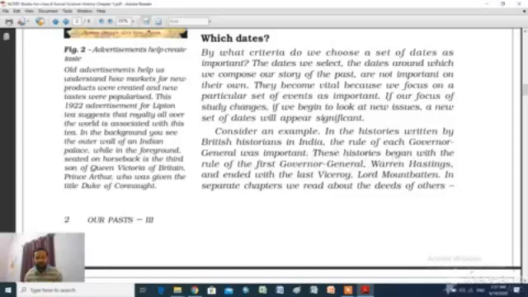Here one short question may come in your exam from this part: who is the first governor general? Warren Hastings, note down. And it ended with the last viceroy, Lord Mountbatten.